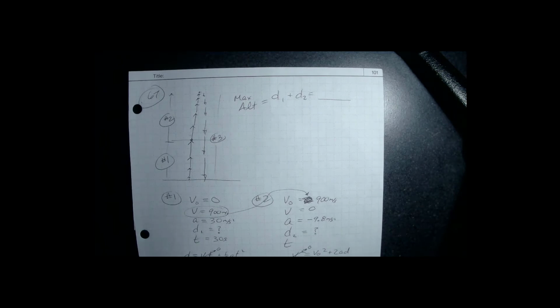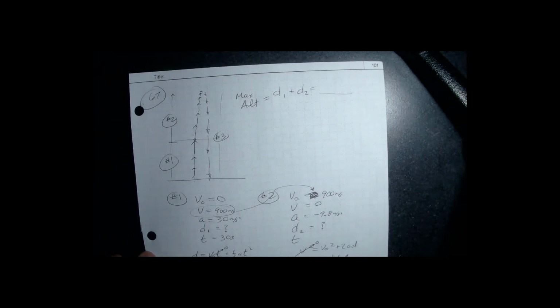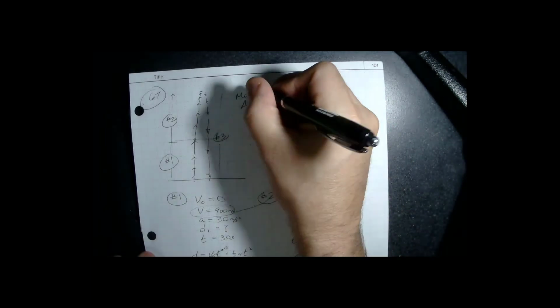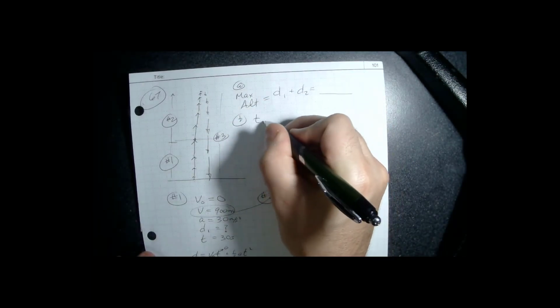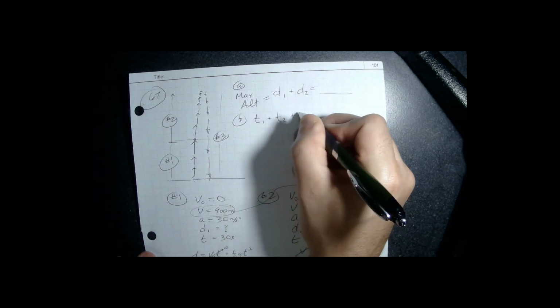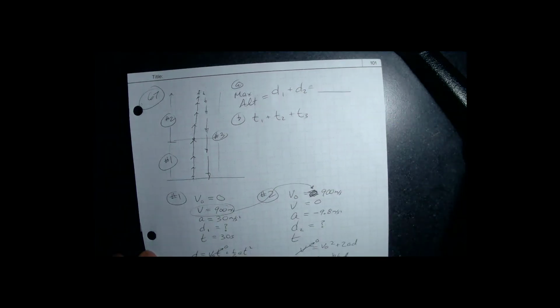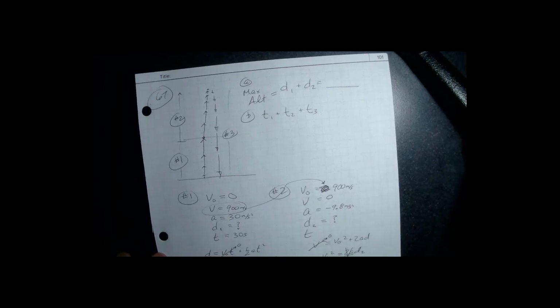All right, now we're ready for part B. Wow, that was just A. How long is the rocket in the air? Well, realize when they say that, we need time T1 plus time T2 plus time T3. I need all 3 of those.